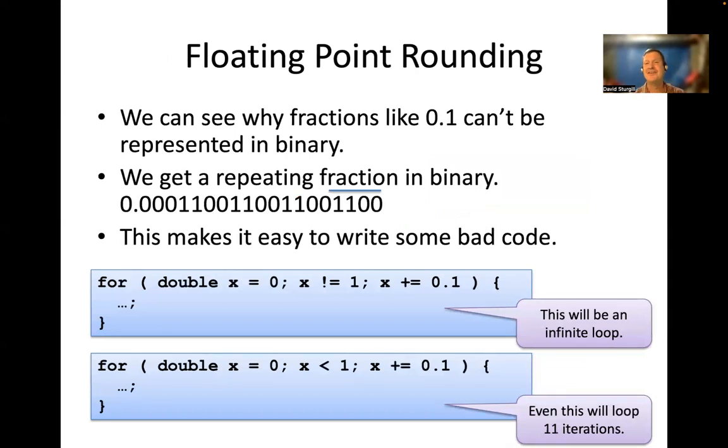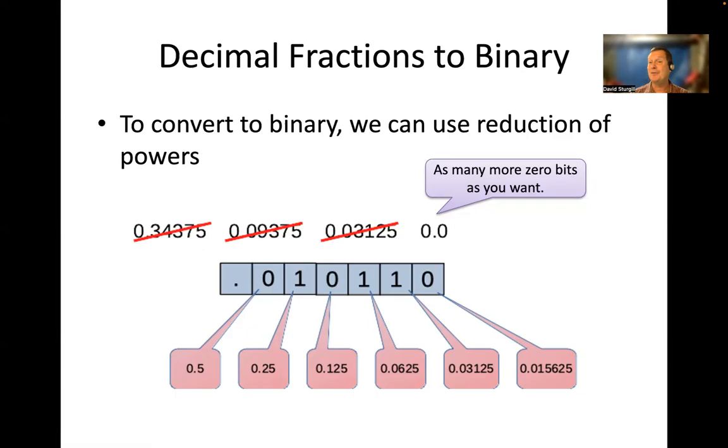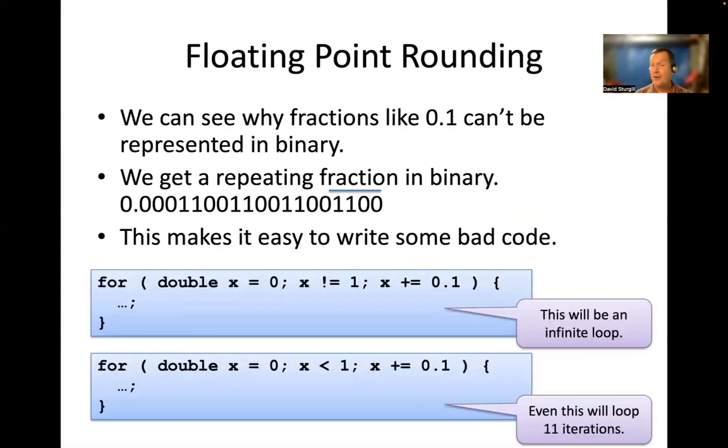One thing to notice is, for this example, I picked a value that converted pretty nicely to make this example work out well, but that's not always going to happen. In fact, if you just make up a value in base 10 and then try to convert it to binary, you're probably going to get a repeating fraction in binary.